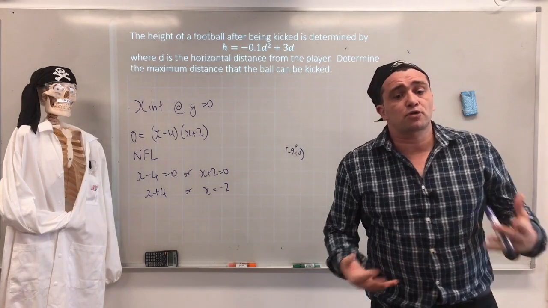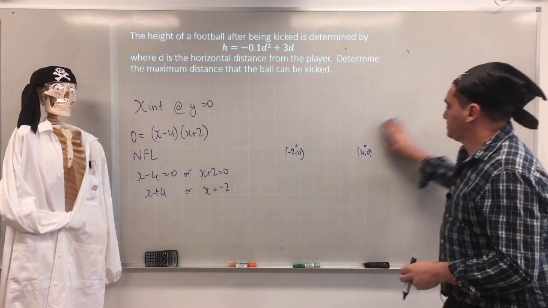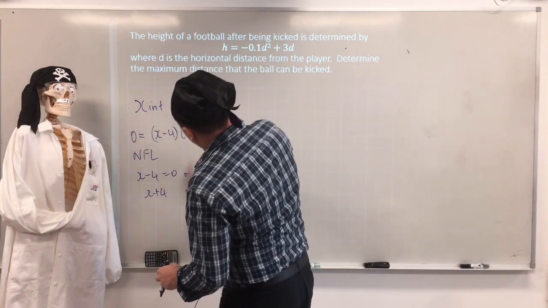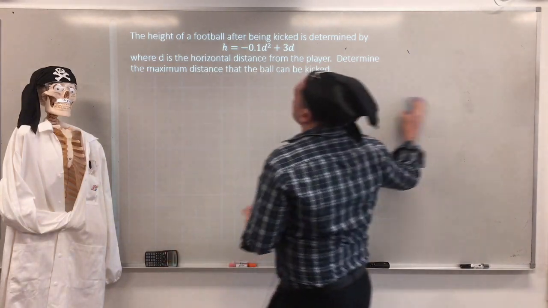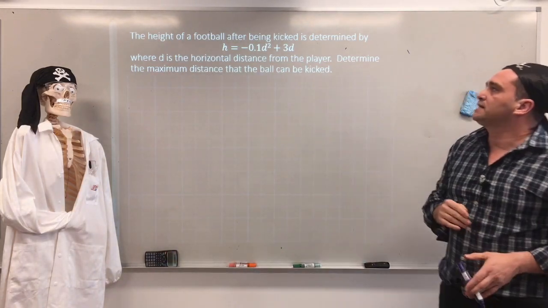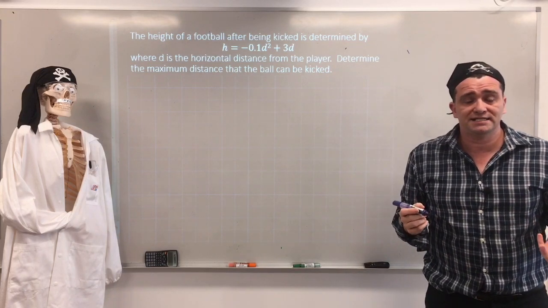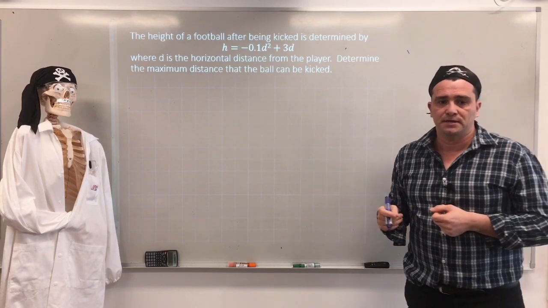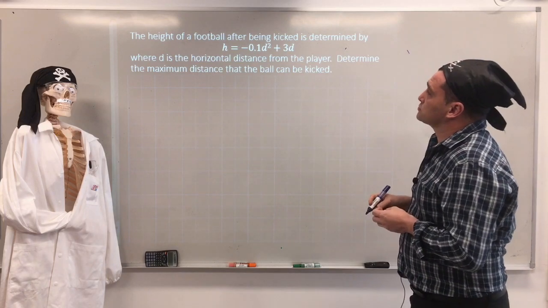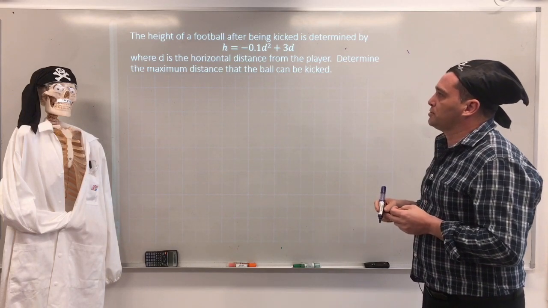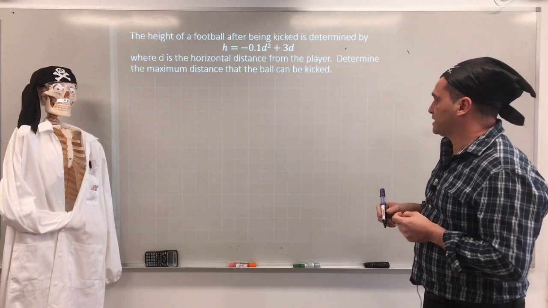So let's look at a problem solver to try and do an example here. The height of a football after being kicked is determined by the equation negative 0.1 d squared plus 3d, where d is the horizontal distance from the player. Determine the maximum distance that the ball can be kicked.